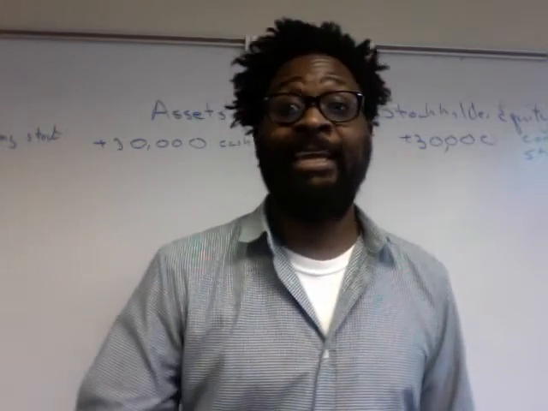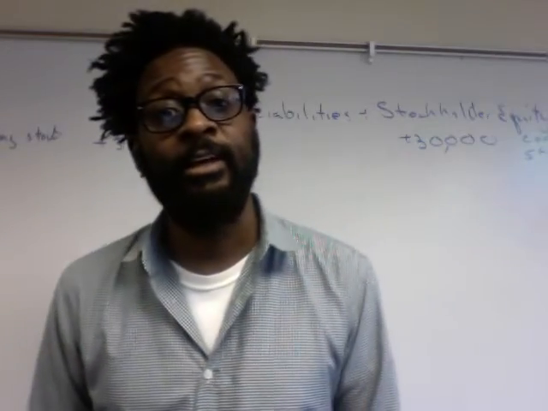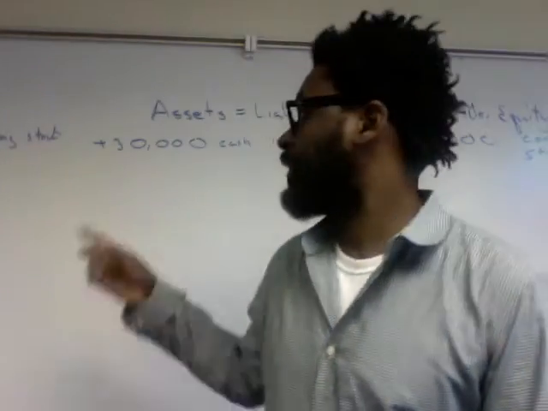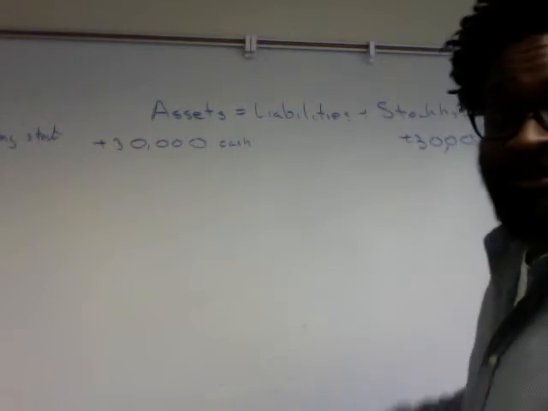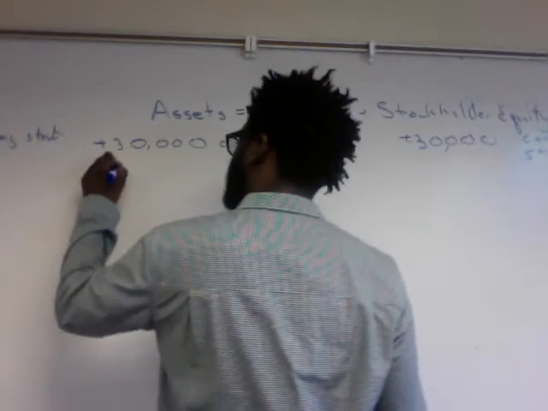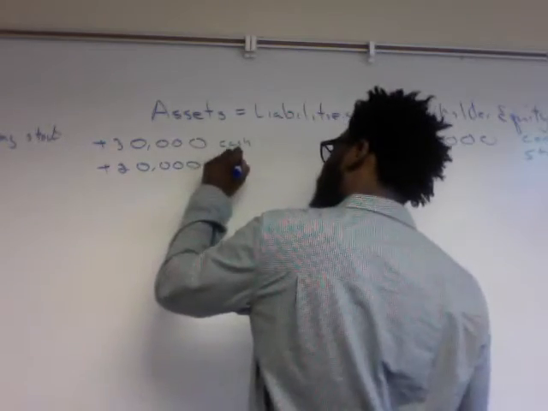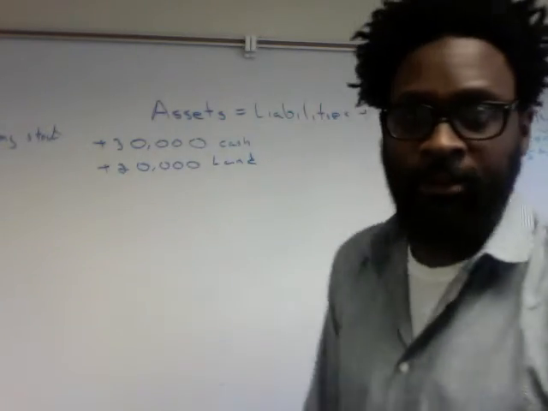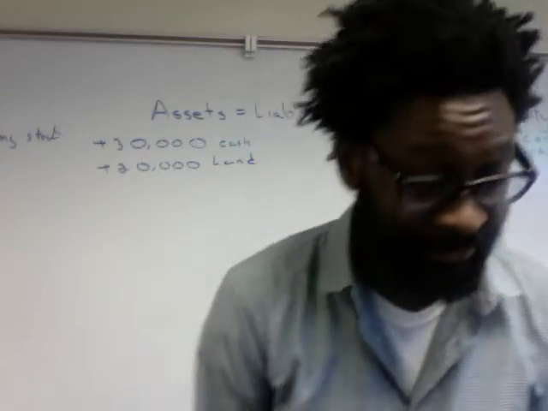Well, land came in, so land increased in your business. Land happens to be a part of what category of the accounting equation? Assets. So your assets went up $20,000 under what account? Land. And what was your other keyword? Cash. Paid, cash.